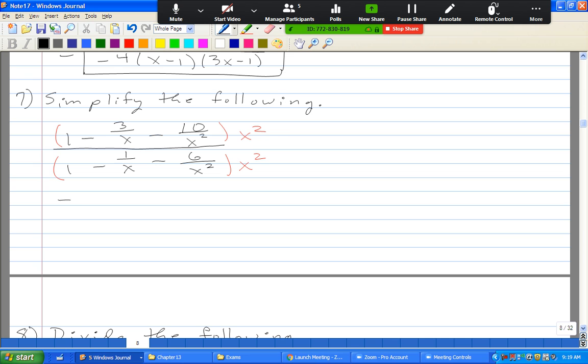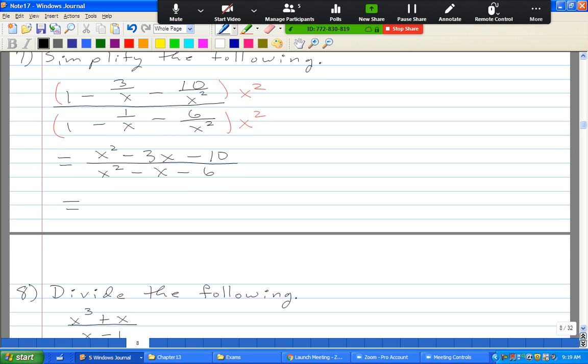If I do that, I'll get x squared minus 3x minus 10 over x squared minus x minus 6. I can factor this.